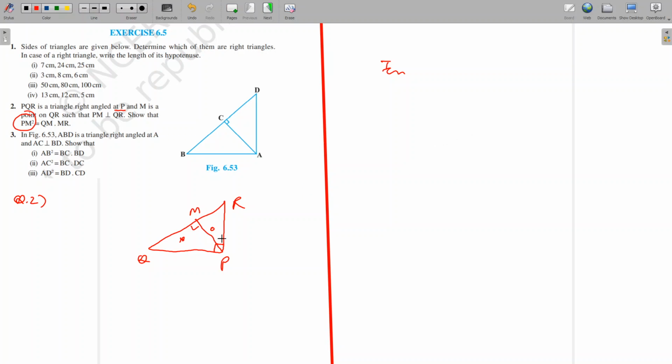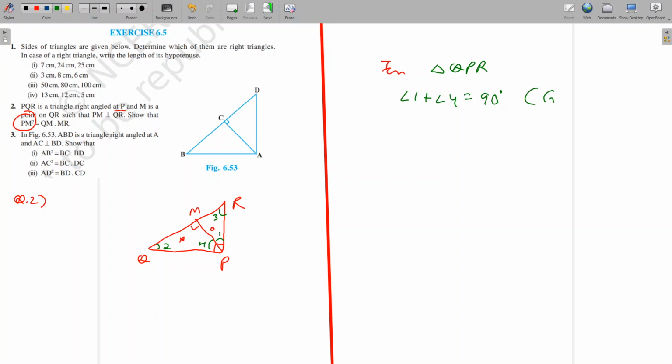So let us take this angle as, say, 1 and this angle be 2, and suppose this angle is 3 and this is 4. Now we know that in triangle QPR, angle 1 plus angle 4 is equal to 90 degree.